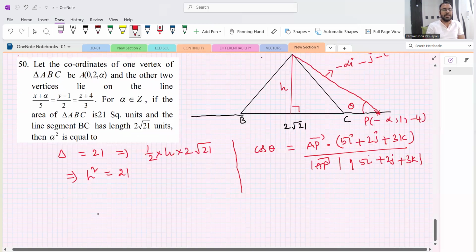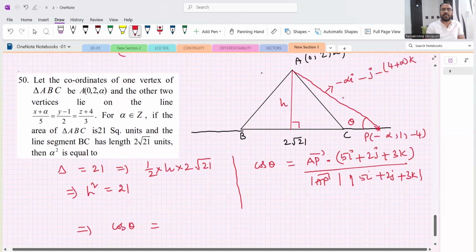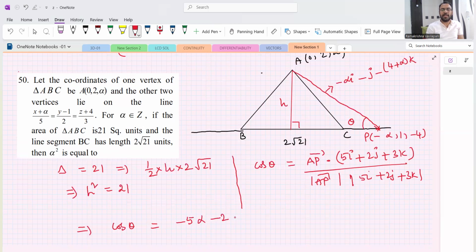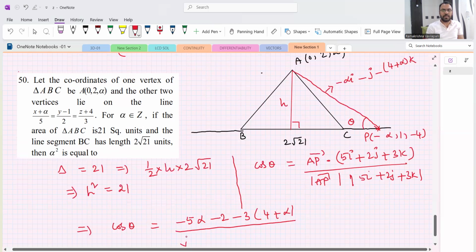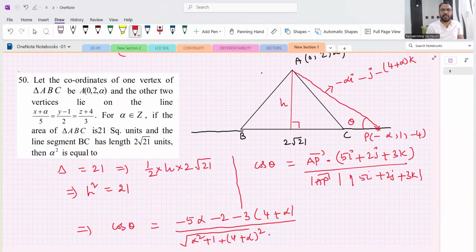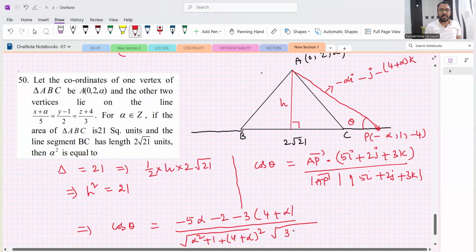So what is the AP bar vector? I can write minus 5 alpha minus 2 and minus 3 into (4 plus alpha), whole by root over alpha square plus 1 plus, or else you can find the foot of perpendicular from a point, into root over 25 plus 9 plus 4, which is root over 38.